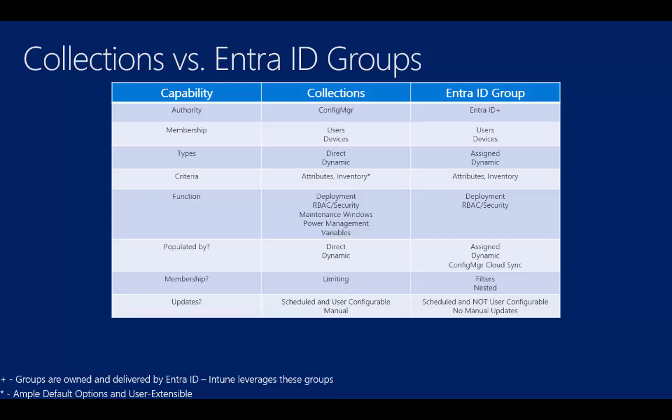Intune leverages groups and such. With filters, as we'll talk about in a minute, this is one of the reasons filters came about: because of the lack of control that Intune admins have over groups and how they are calculated and such, and some of the needs that they have. More on that again in a minute, right, as we get to it.